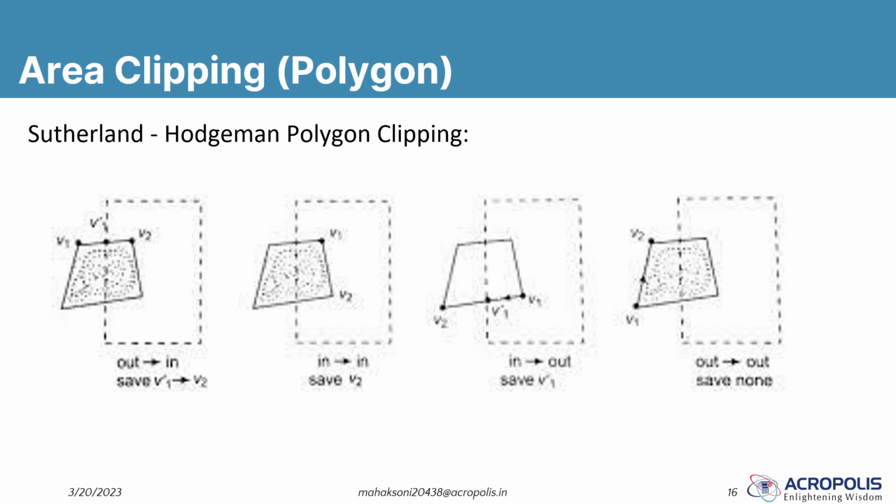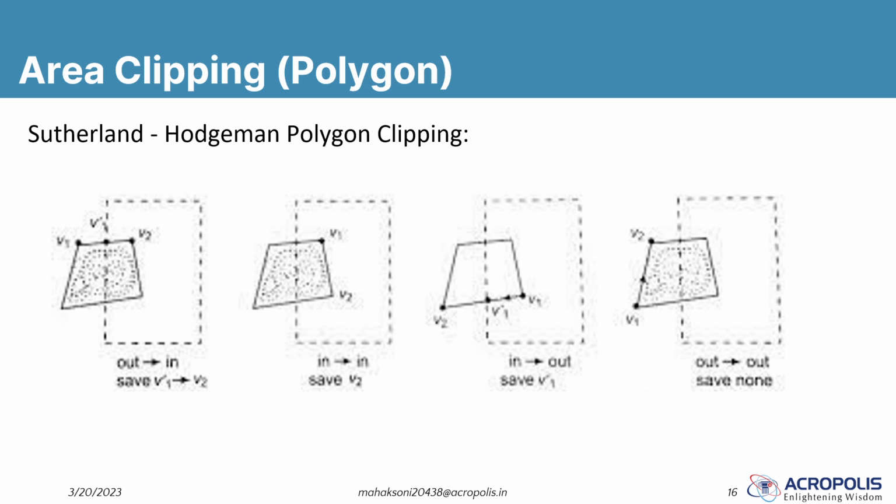In the second picture, it is shown that v1 and v2 are inside the window. So we don't need to take v1. We need to take only the v2 point. Now in the third picture, if we are going from inside to outside, then we don't need to save the point which is inside or outside. We need to save the point which is the intersecting point of v1 and v2 on the window's edge.